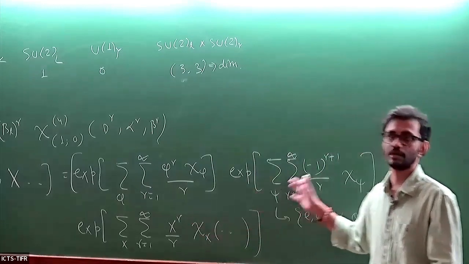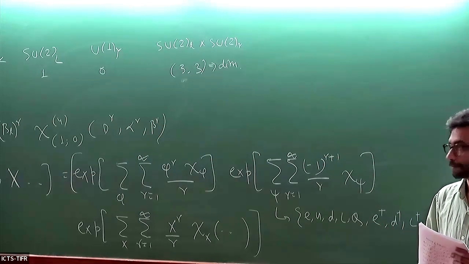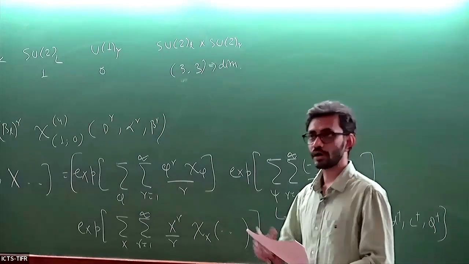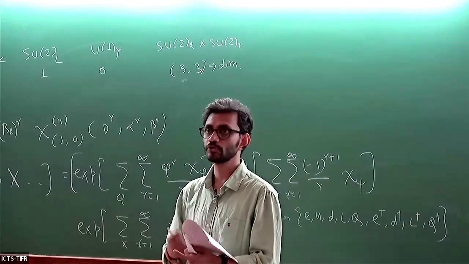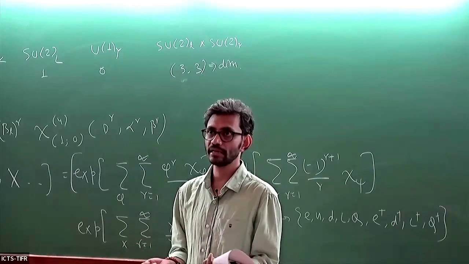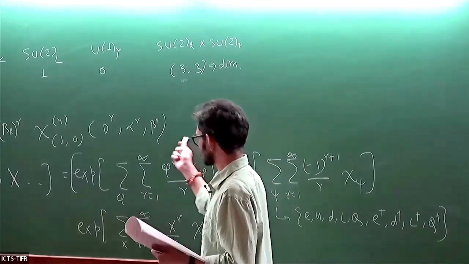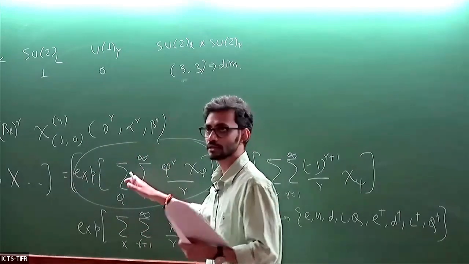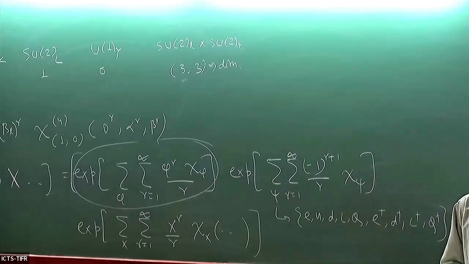You just modify this accordingly. D will be there because the covariant derivative is there, which now corresponds to SU3 color and electromagnetism. But there is no scalar at low energy, so you can just remove this scalar part.